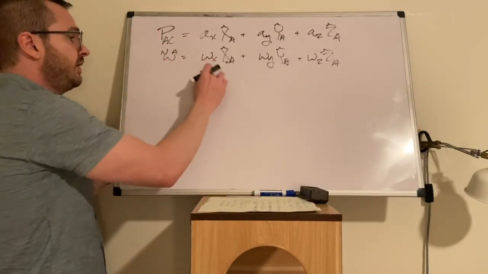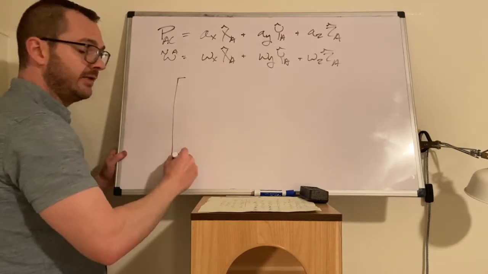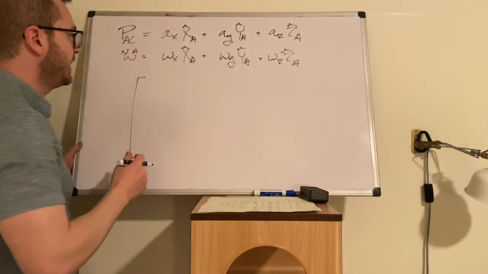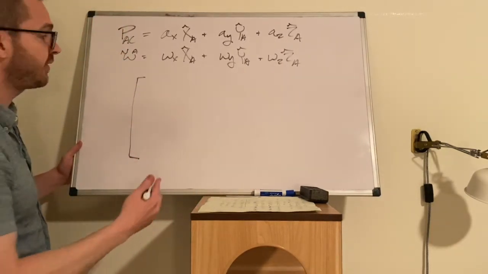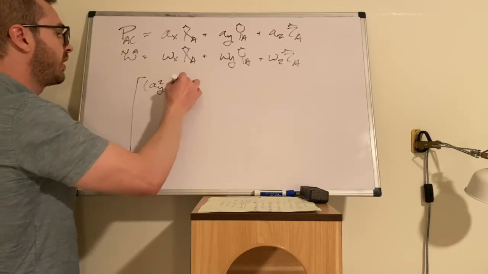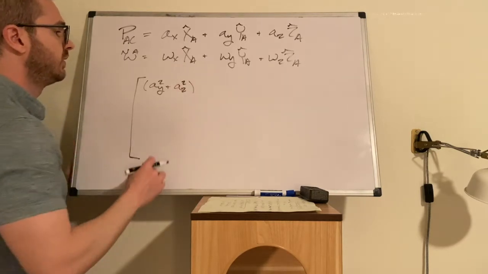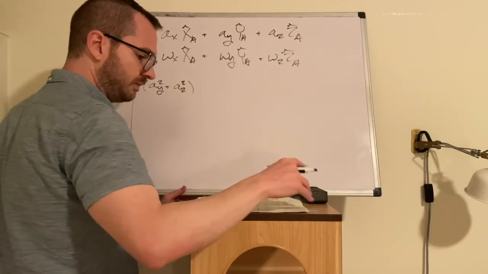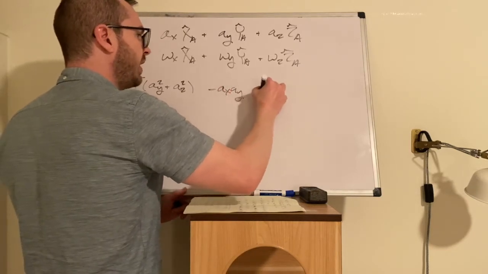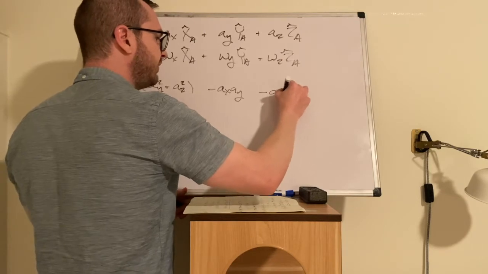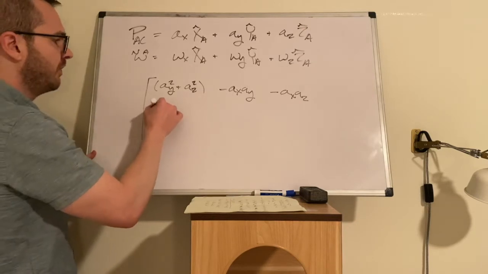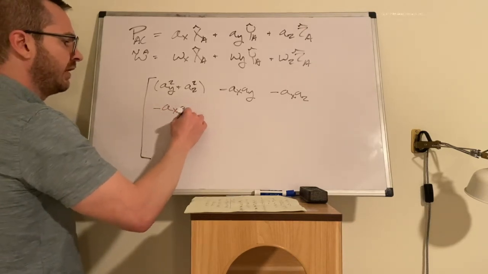So just as we had with inertia, where we turned it into a dyadic, we're going to turn this one into a dyadic as well. And the dimensions are the same. It's going to be 3 by 3, and the terms are going to look like this: ay squared plus az squared. The next one is minus ax ay, minus ax az, and let's see, minus ax ay.